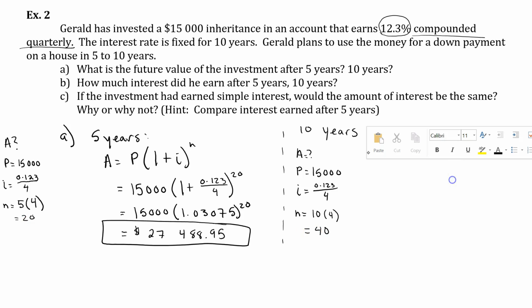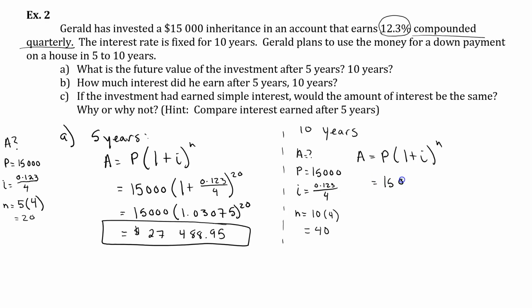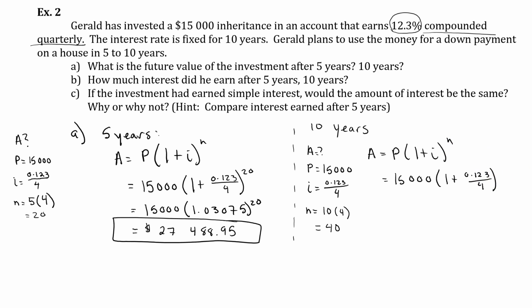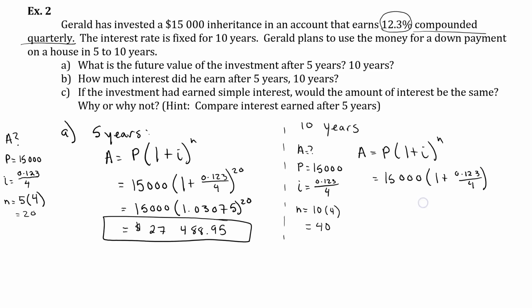So let's rewrite our formula. A equals P times 1 plus I to the N. We know that our principal is 15,000. 1 plus I, which is 0.123 all over 4 to the power of N, which in this case is going to be 40.